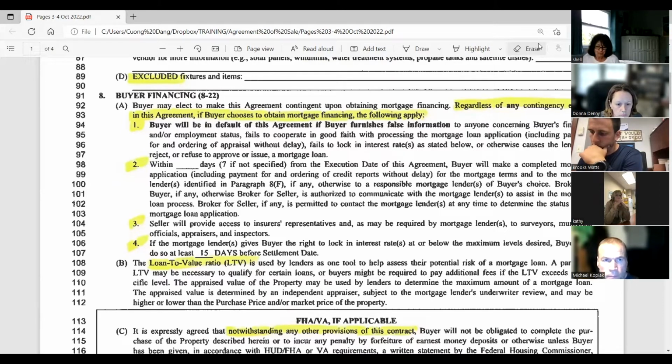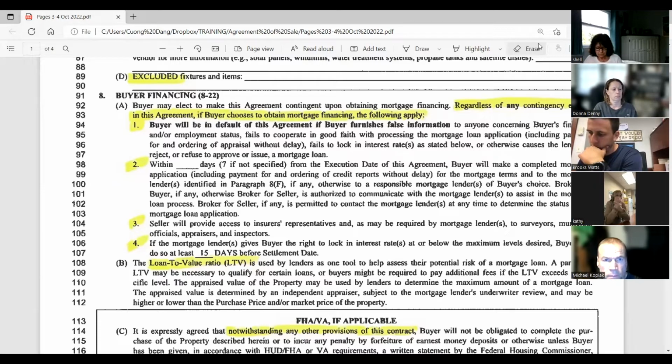2, within blank days, 7 if not specified, from the execution of this agreement, buyer will make a completed mortgage application, including payment for and ordering of credit reports without delay, for the mortgage terms and to the mortgage lender identified in paragraph 8F, if any, otherwise to a responsible mortgage lender of buyer's choice. Broker for buyer, if any, otherwise broker for seller.